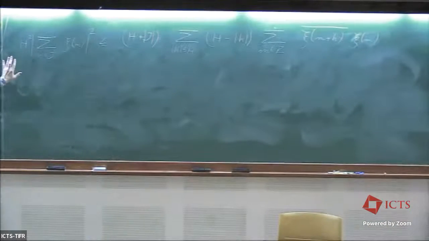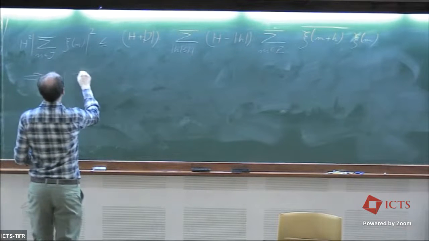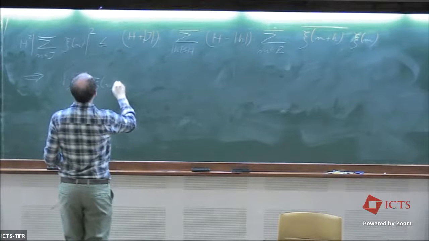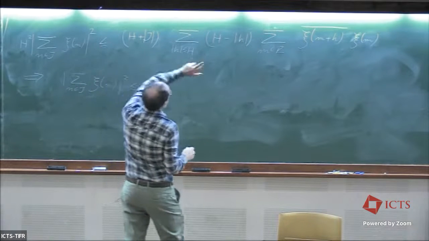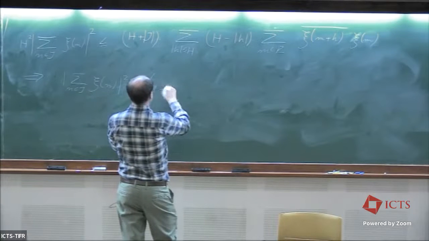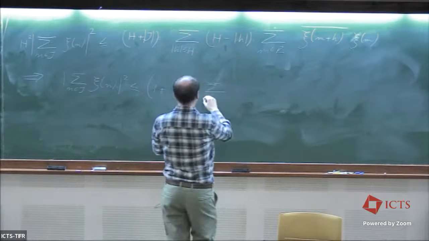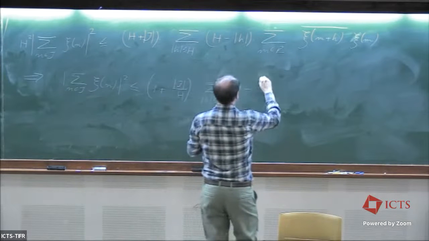Good, so now we divide by H. And so we get, one H goes here, one H goes here, 1 plus I divided by H, times the sum of one minus modulus of h over H.